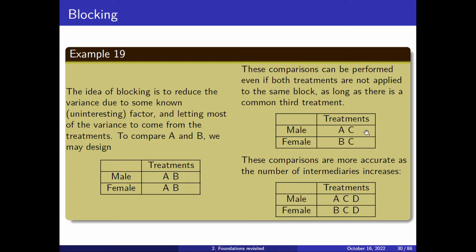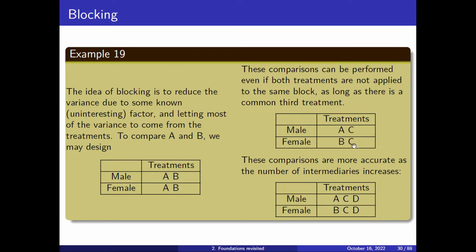But there are situations in which this assumption is violated. So let's say that we are talking about hormone treatments. These A, B and C are different hormones, and let's say that they have an effect on different organs. Let's say that some of the hormones have an effect on ovaries.